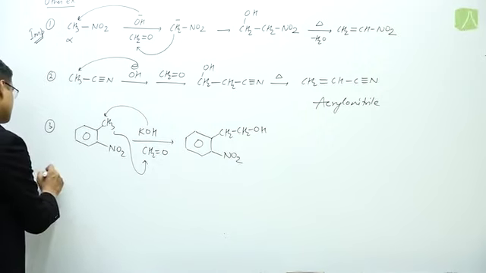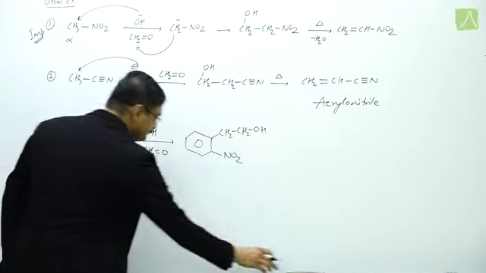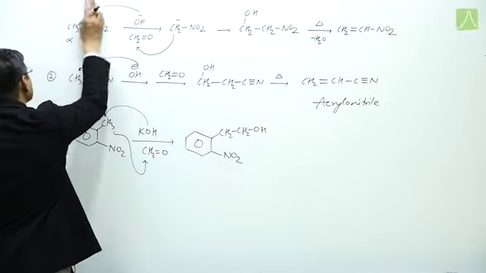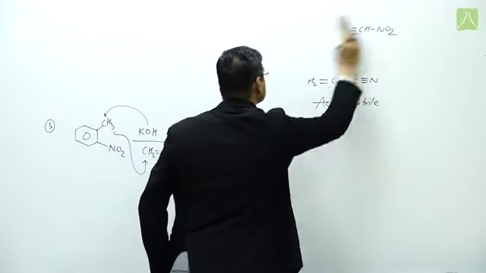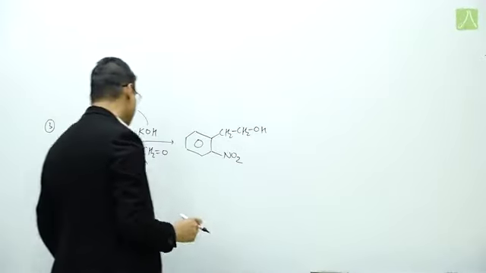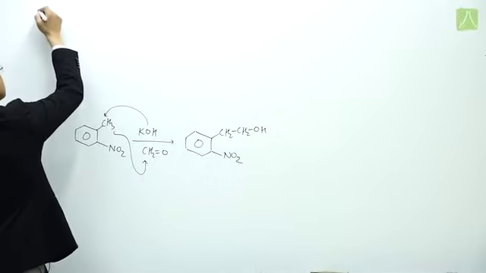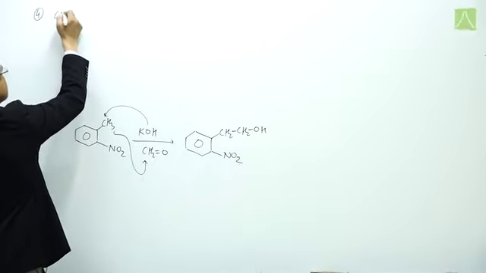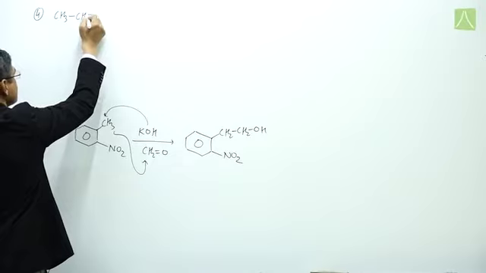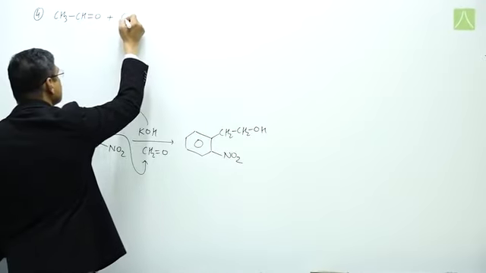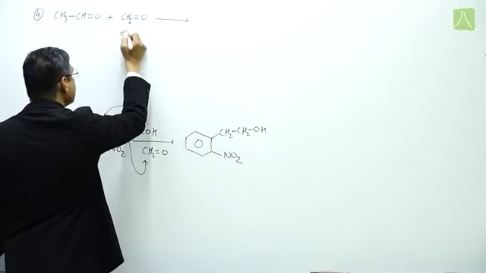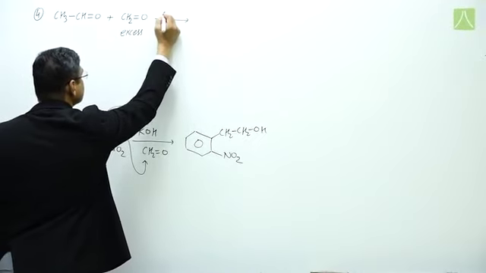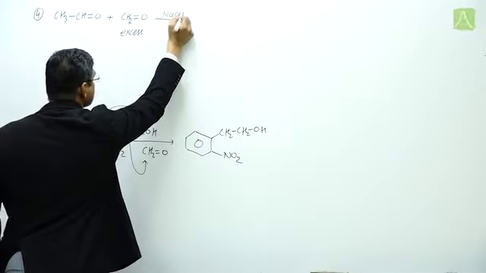Now another very important reaction is, suppose I take CH3CHO plus formaldehyde. Formaldehyde is taken in excess amount in presence of base.